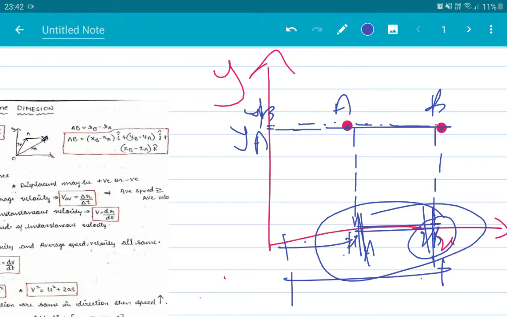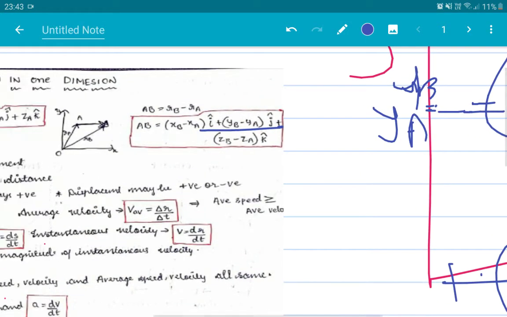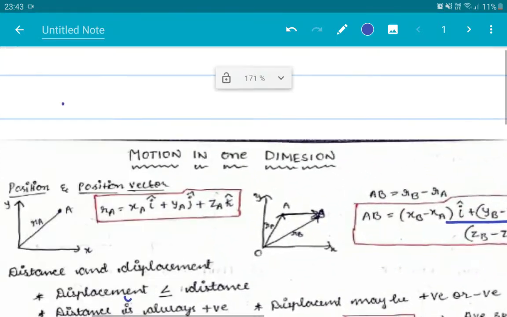And in the y-axis, what is the difference between their positions? In the y-axis also we can find YB minus YA. Here we are not considering the z-axis, but if the z-axis is present, then you need to do the same process. So this is the position and position vector.